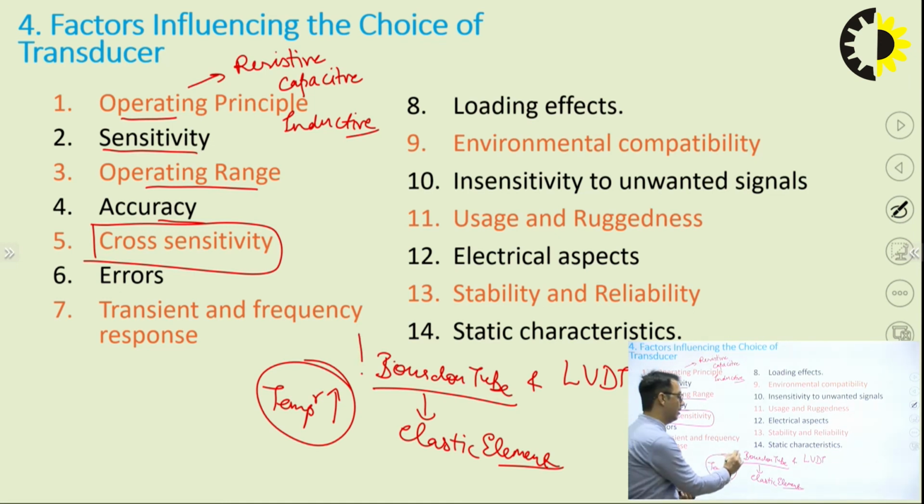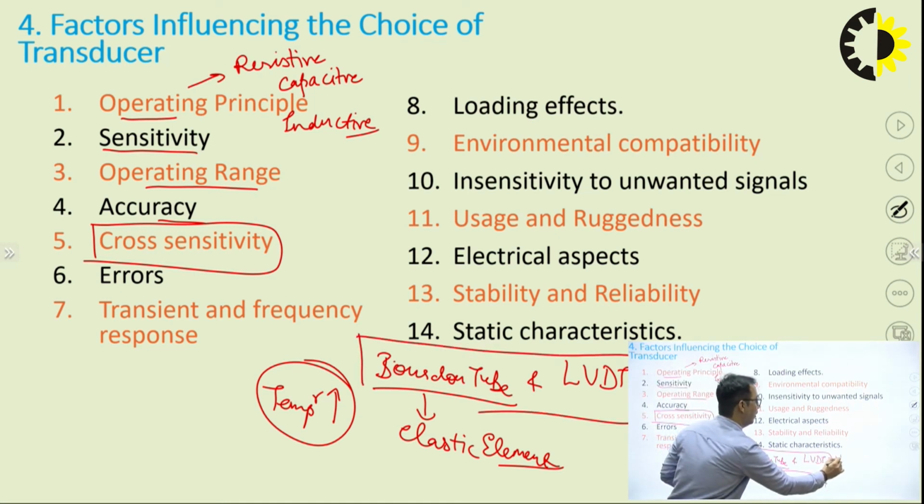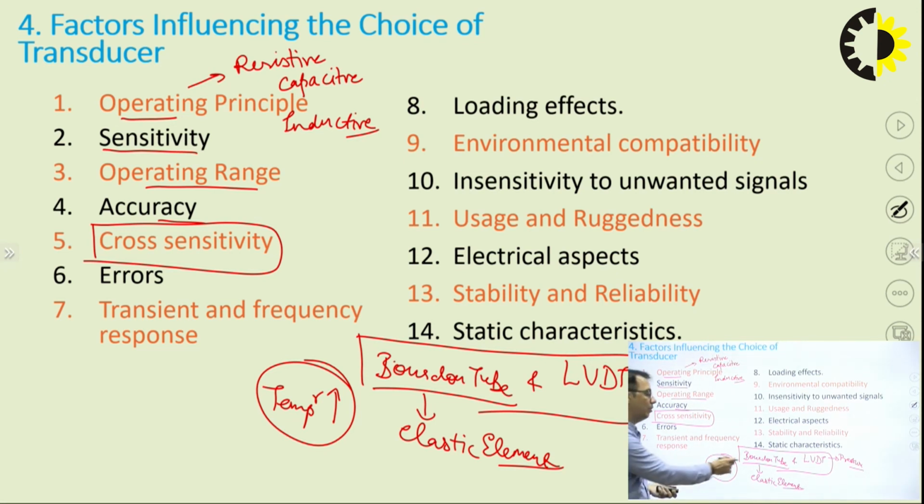We use this setup for pressure measurement and we require that our setup should be responsive to pressure only. But the Bourdon tube is changing its shape if temperature is rising, which is not our interest at this moment. We do not want to measure temperature, but due to temperature the Bourdon tube still shows displacement, so it becomes part of cross sensitivity. So it should not happen.